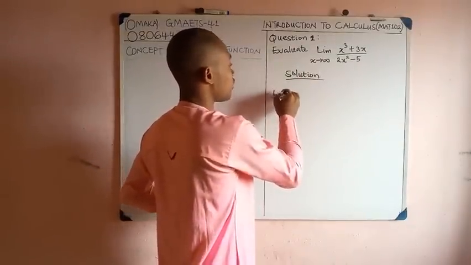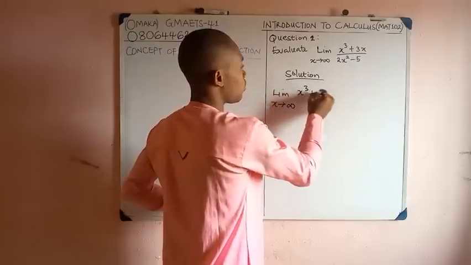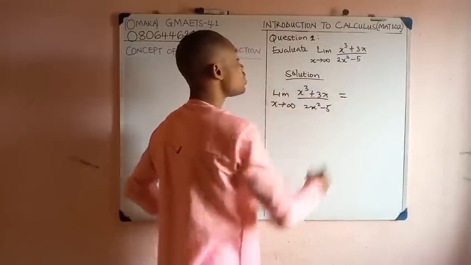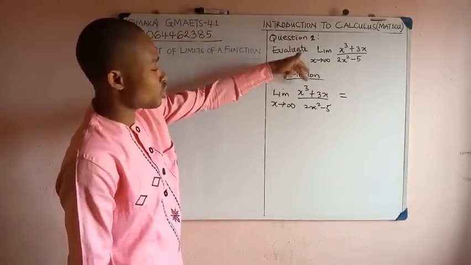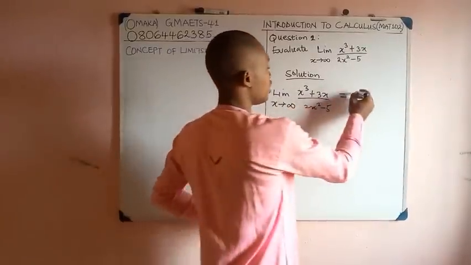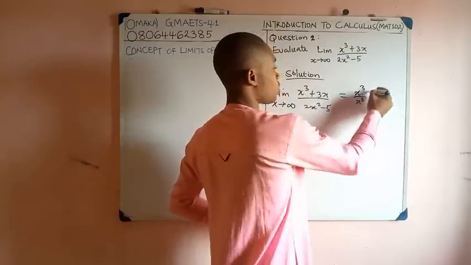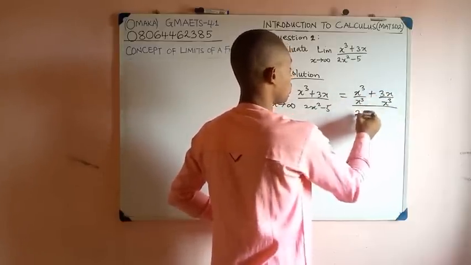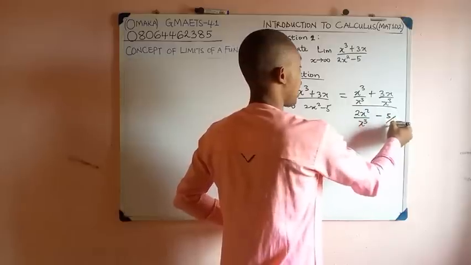So the limit of the function given to us, x cubed plus 3x all over 2x squared minus 5, is equal to, using the division process, the highest variable degree here is x raised to the power what? 3. So we're going to use x raised to the power 3 to divide each term in the numerator and denominator. Now we have 3x over x cubed all over 2x squared over x cubed minus 5 over x cubed.